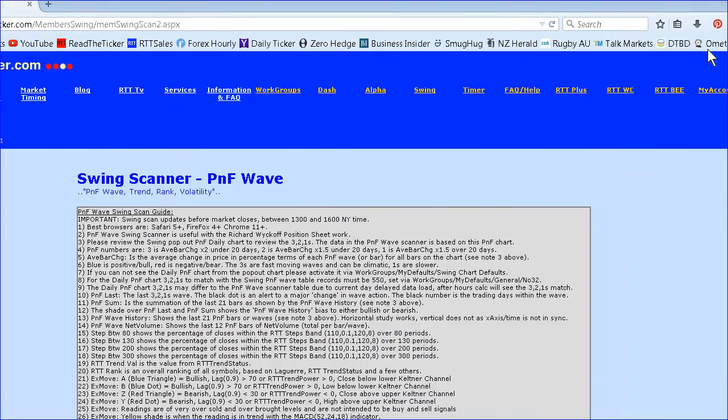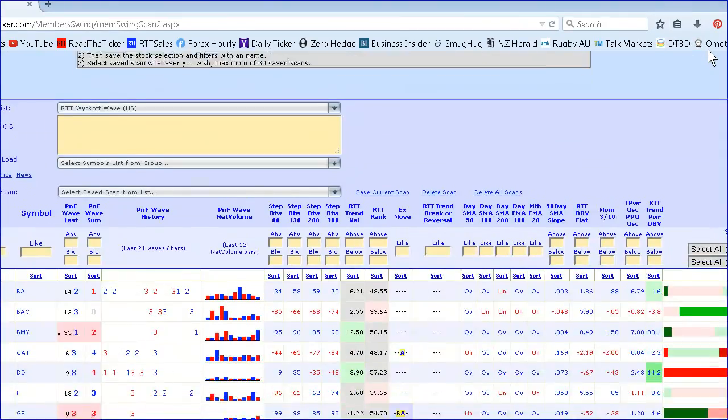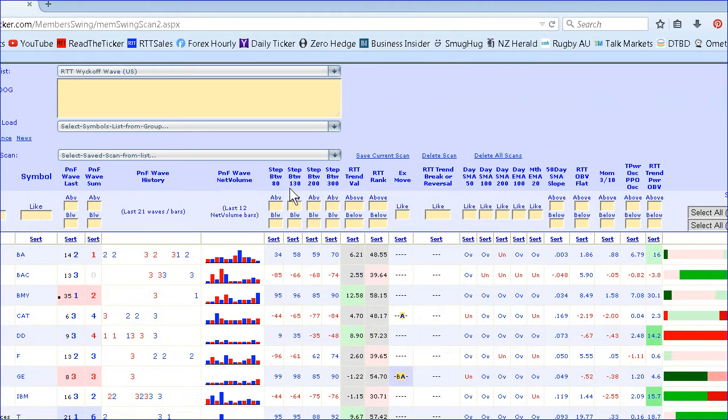And part of this tool, I'll just scroll down, we have step BTW, or between 80. What that basically means is that it looks at RTT steps over the last 80 periods and counts how many closes are within a step. So if it's a blue count, that means 34% of closes are within a blue step.